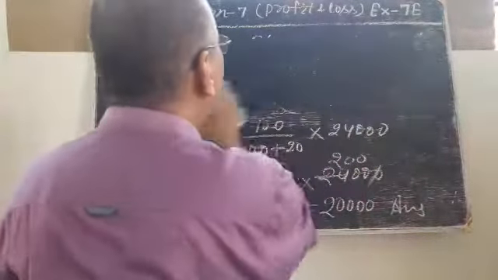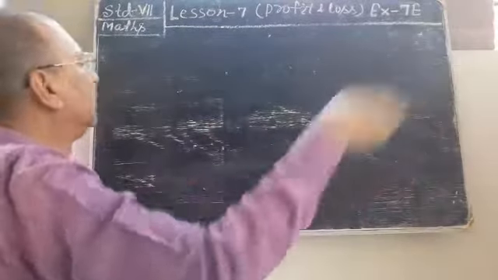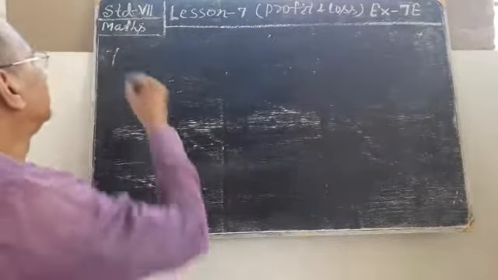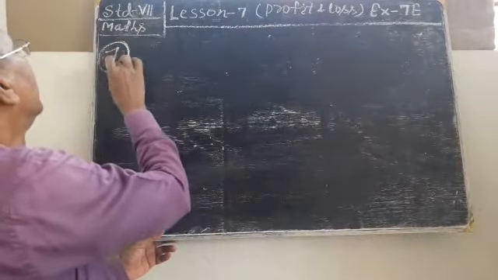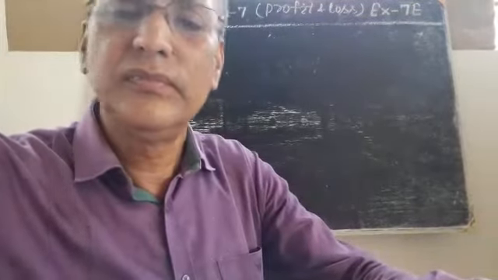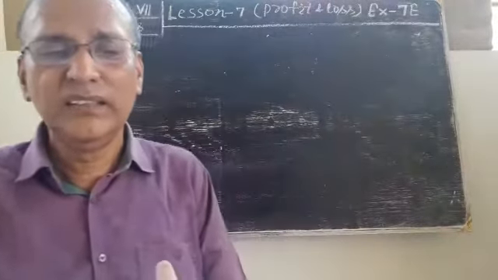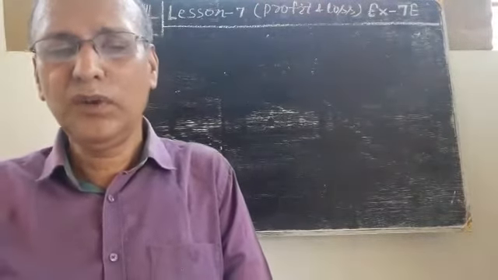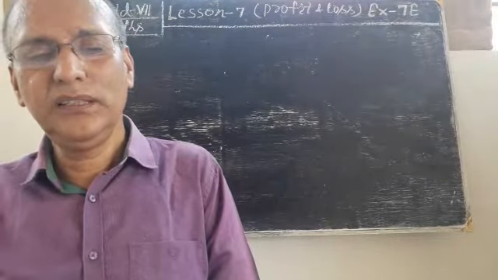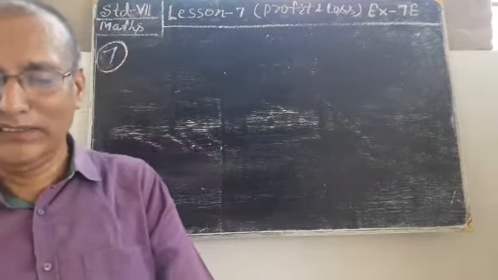Now the next one is question number 7. The question number 7 is: Tushar bought a mobile phone for rupees 6,000. At what price should he sell it so as to gain 10%?